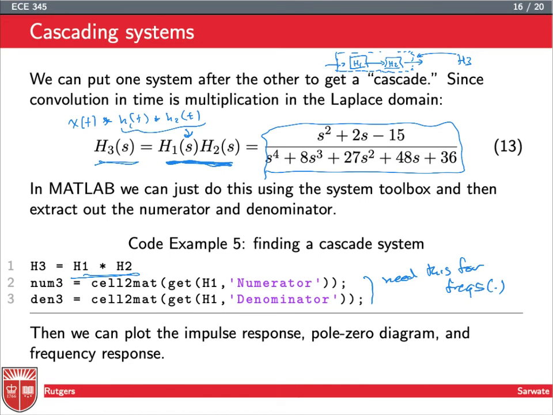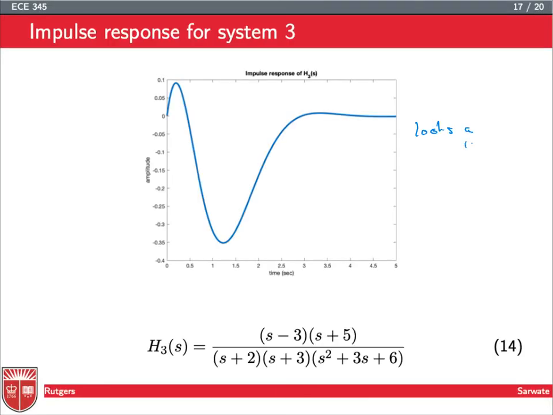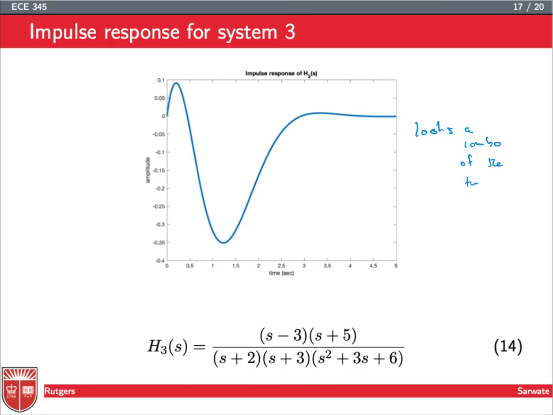So then we can plot the impulse response, pole zero diagram, and frequency response, just as we did before with the individual systems. So here you can see the impulse response looks like a combination of the two impulse responses, and in fact it's the responses of H1 and H2.